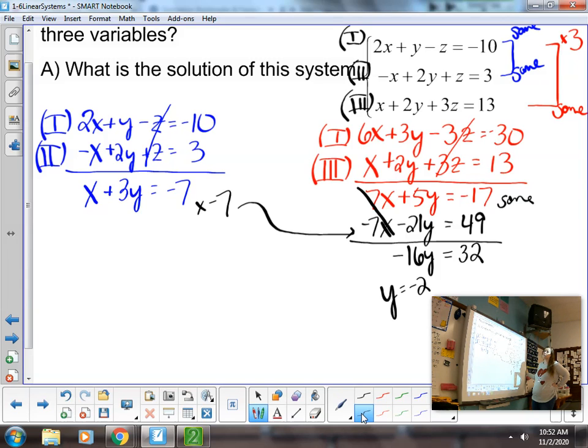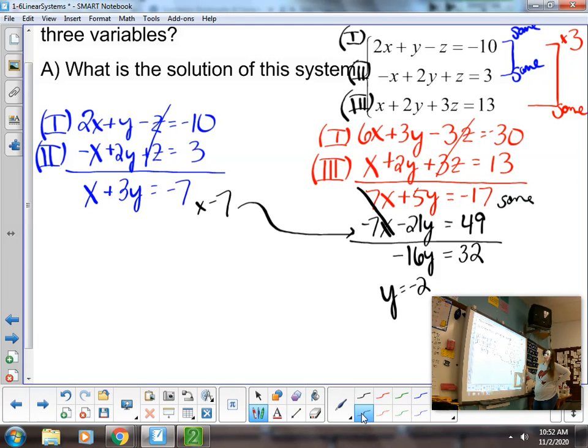It is possible to get fractions within these, but I want you guys to really just focus on getting the process down. So if you get to this last step and you get y equals 2 over 3, you know you made a mistake somewhere because the answer shouldn't be a fraction. When you're doing the Math Excel, there may be a question or 2 that is a fraction, so just be aware that that is not a hard and fast rule unless it's something that I actually created.